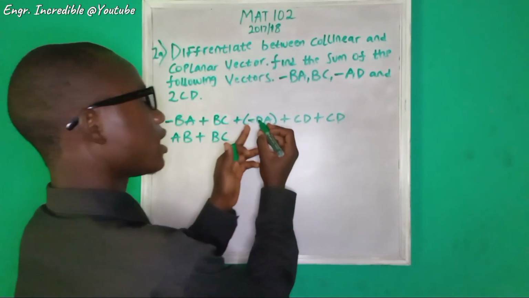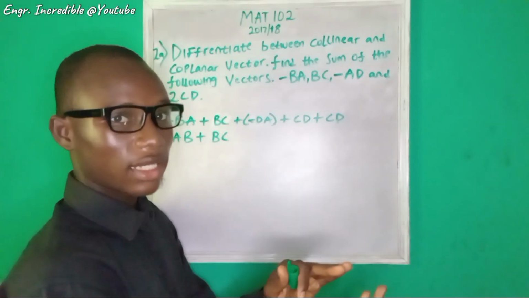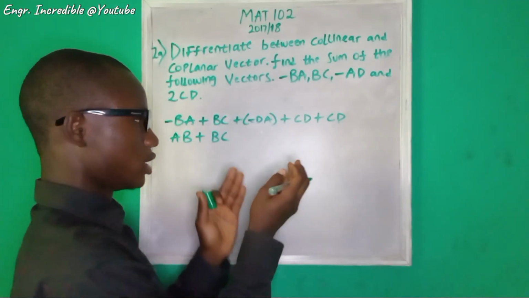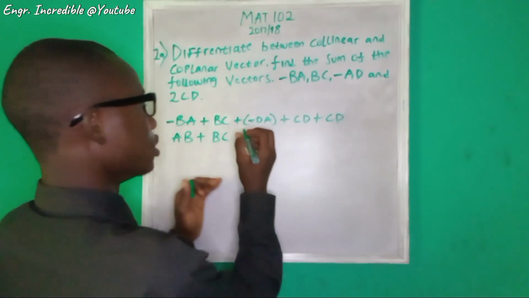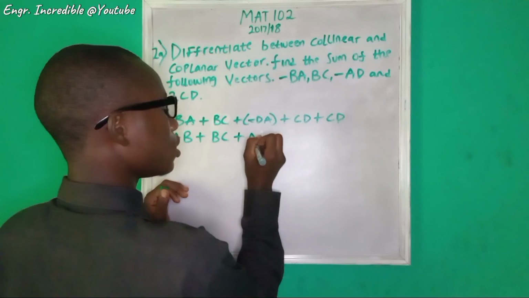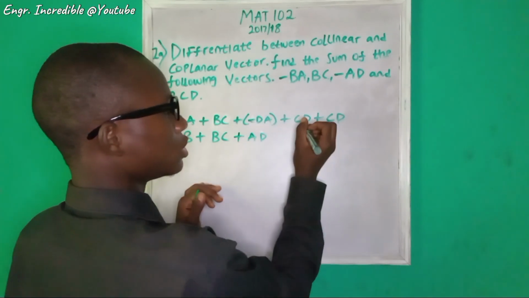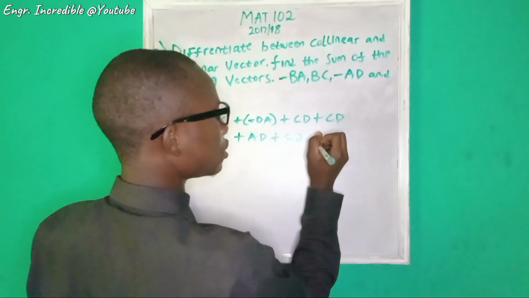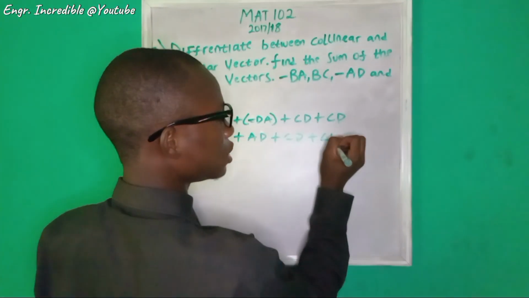Then minus AD is the same thing as DA, or we can change it to AD. So we have plus DA, then plus CD, then plus CD.